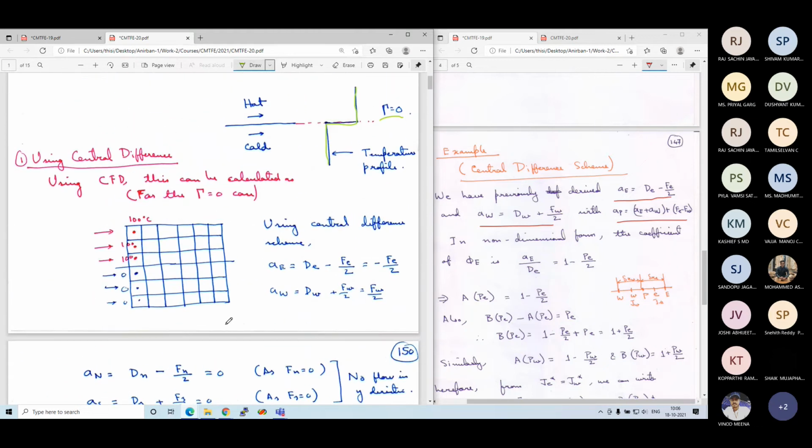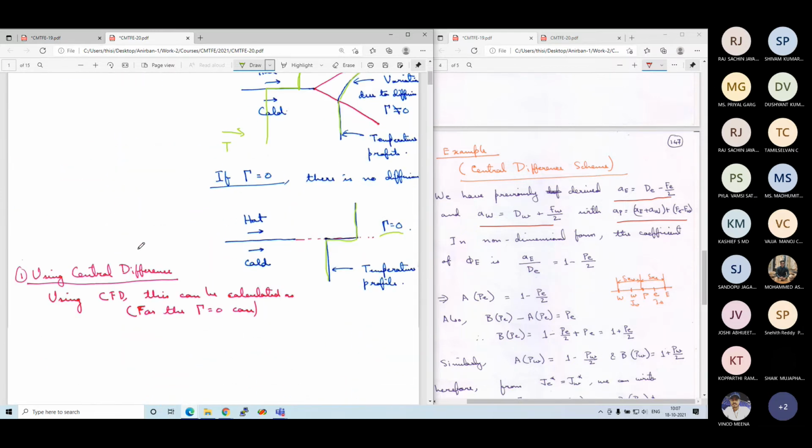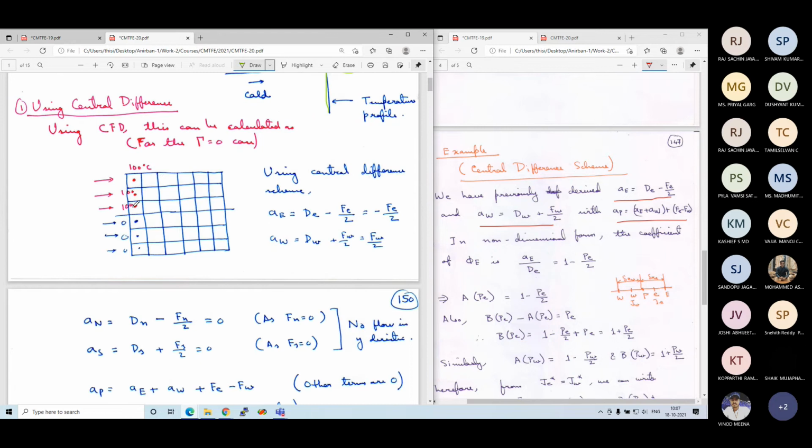So we can set up this hypothetical problem in terms of some numerical values. Say we have 6 grid points across the flow direction, 3 on the top of this separation line and 3 on the bottom. The fluid on the top has 100 degree centigrade temperature, the fluid on the bottom has 0 degree centigrade temperature, and there are a number of grid points along the flow direction.